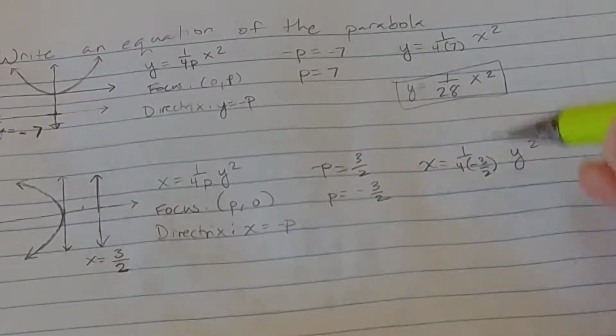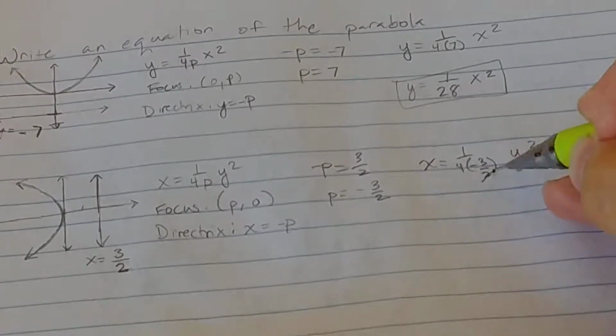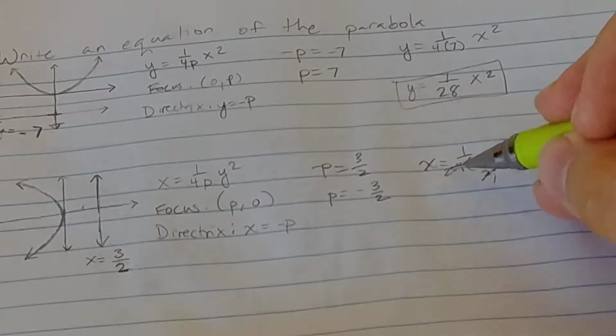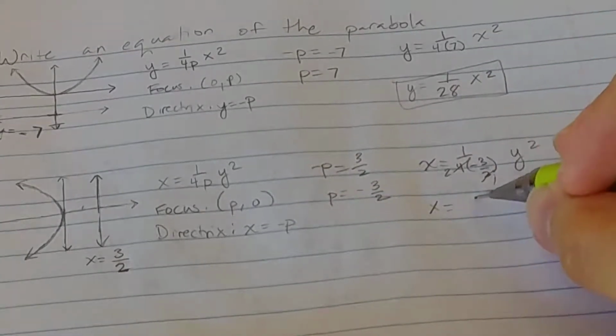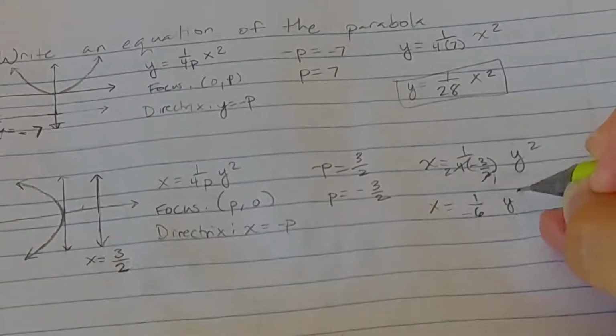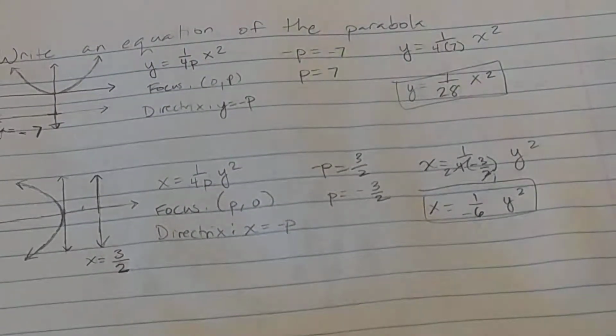So we want to multiply. 2 goes into 4 twice, right? These cancel out. And we get 2 times negative 3 is negative 6, so x equals 1 over negative 6 y squared. Ta-da! That's it.